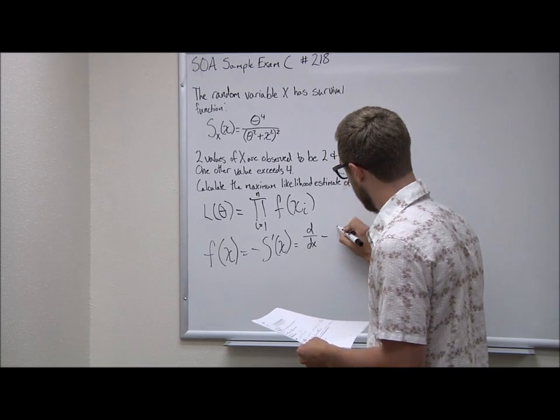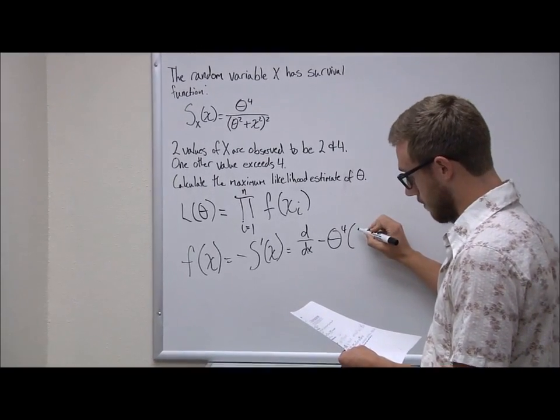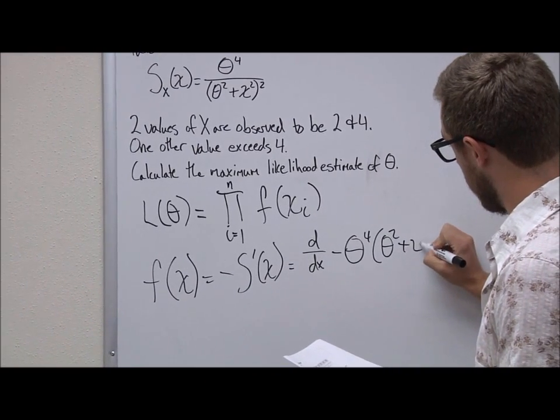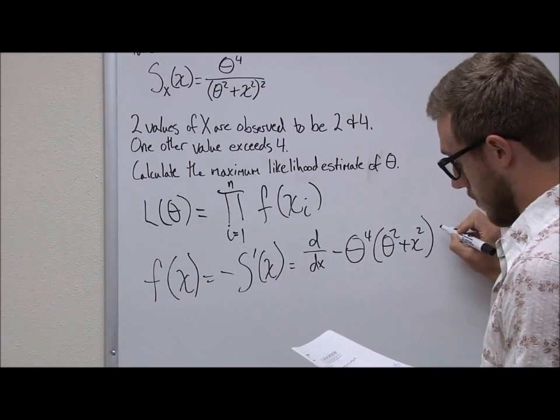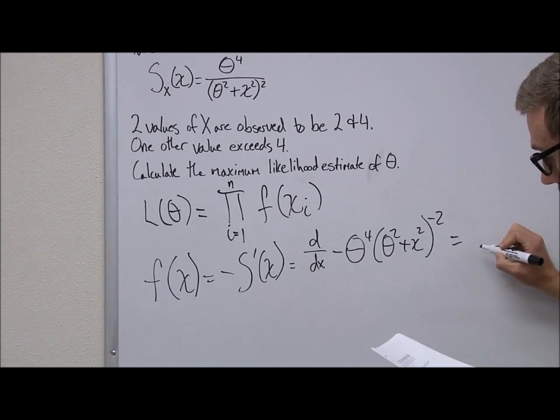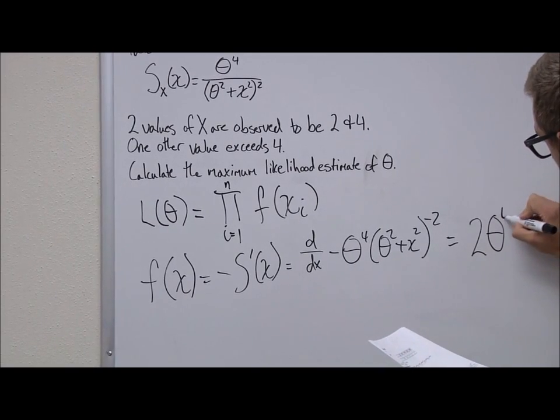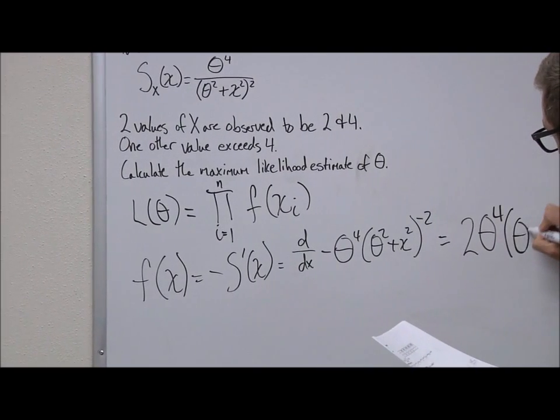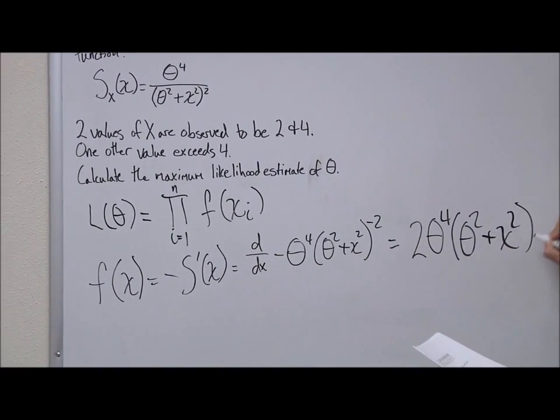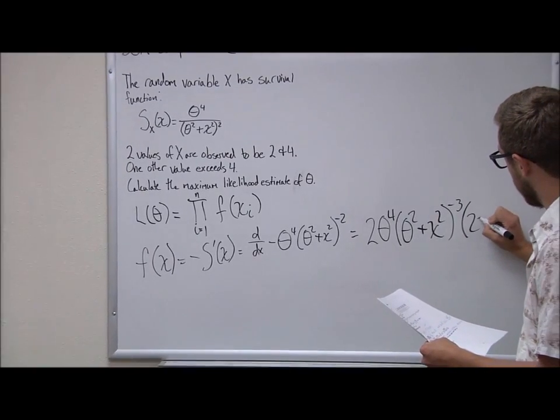So we have the derivative of negative theta to the fourth times theta squared plus x squared quantity to the negative second. And that will equal 2 theta to the fourth times theta squared plus x squared quantity to the negative third times 2x.